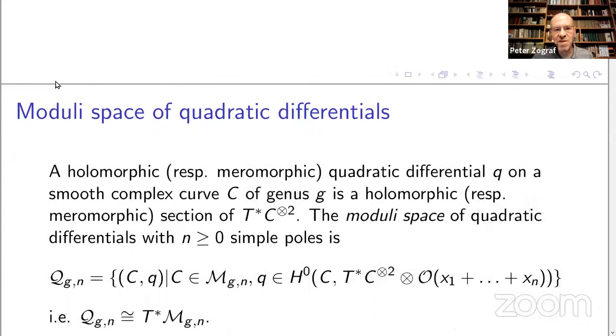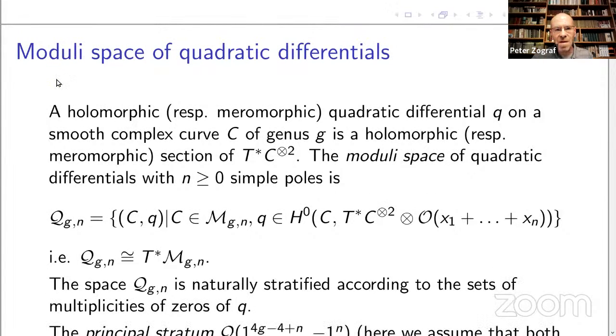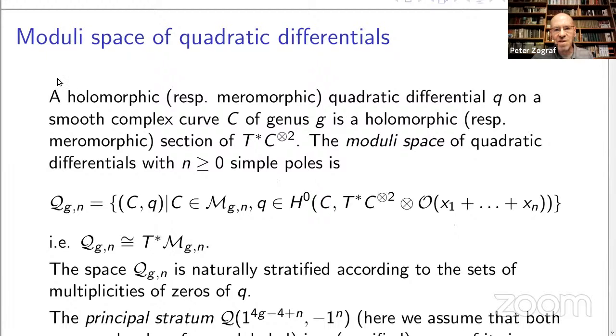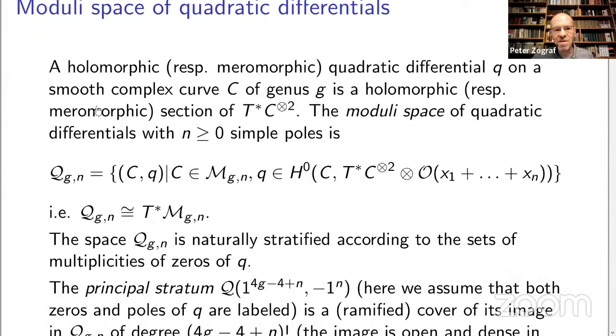To begin with, let me remind some basic facts about moduli spaces of quadratic differentials. A holomorphic or meromorphic quadratic differential Q on a smooth complex curve C of genus g is a holomorphic or meromorphic section of the square of the cotangent bundle to C. The moduli space of quadratic differentials with n simple poles is the space of isomorphism classes of pairs, a complex curve C and a holomorphic section of the square of the cotangent bundle twisted by the divisor of the marked points.